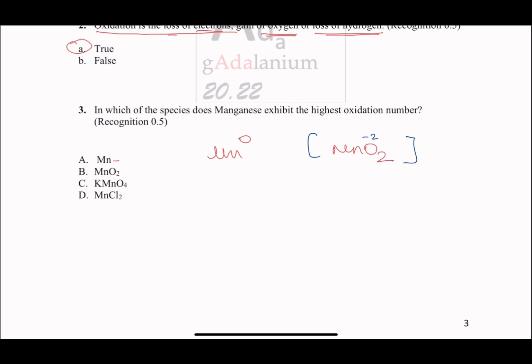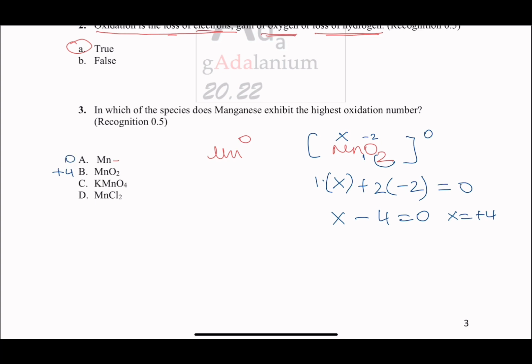So if we say this is x, because there's 1 manganese, 1 times x plus 2 times -2, which is the oxidation number of oxygen, adds up to 0 because this whole thing is 0. And then x minus 4 is 0, x equals plus 4. So in this case, manganese is plus 4. The first one is 0.